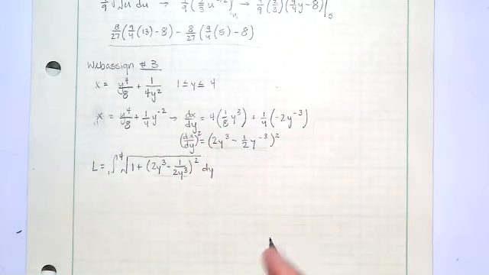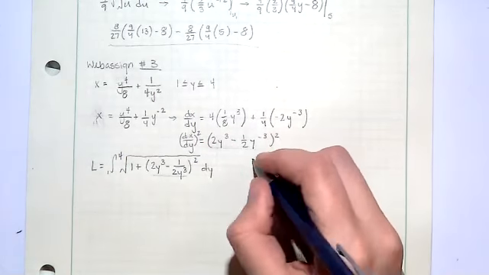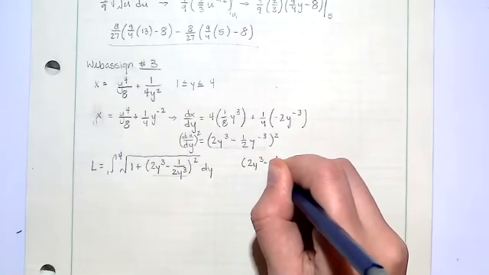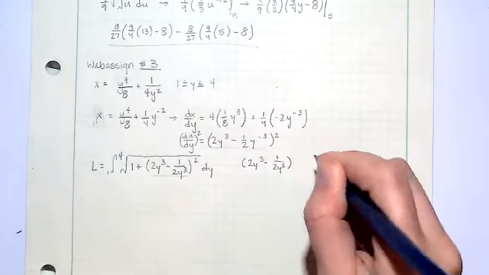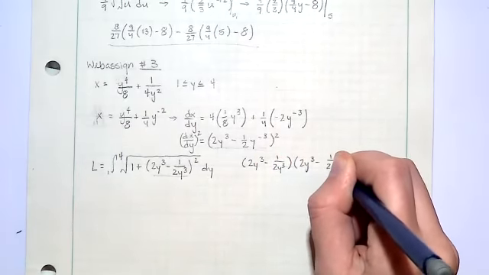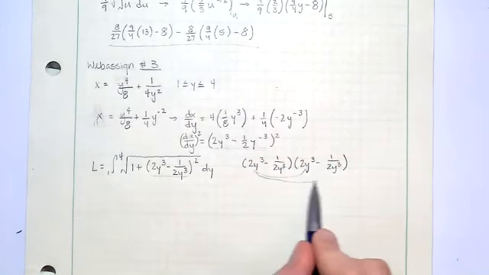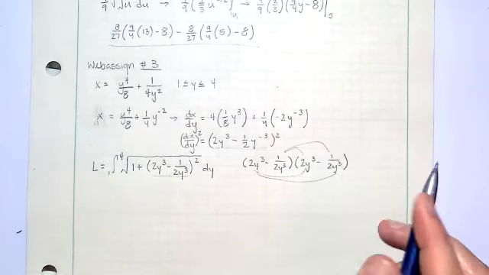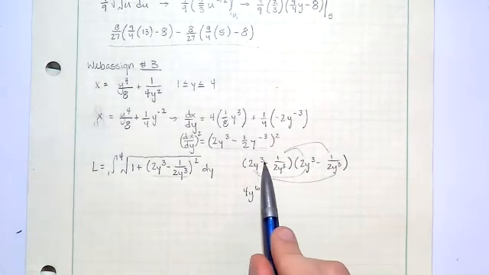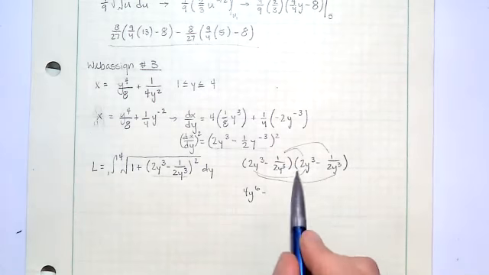Sweet. So now let's go ahead and expand this guy. So 2y cubed minus 1 over 2y cubed times itself. So that will make 4y to the 6th minus 2.